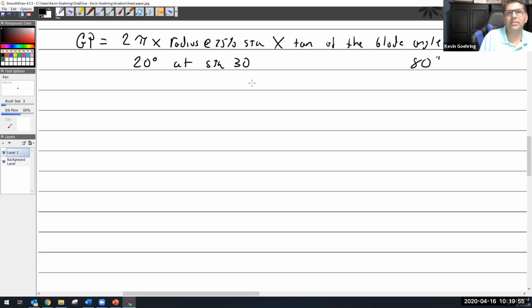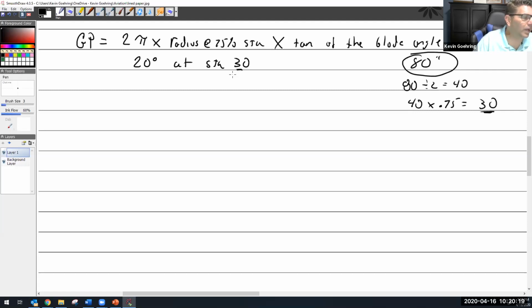Okay, so at station. So this is an 80-inch propeller that we're talking about here. Remember, 80 divided by 2 equals 40. There, my blade is 40 inches. 40 times 0.75 equals 30. This 30 is right here.